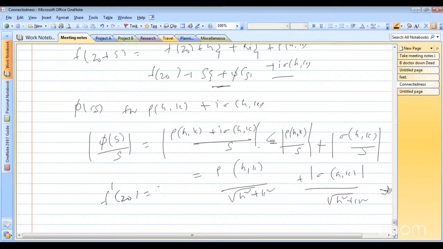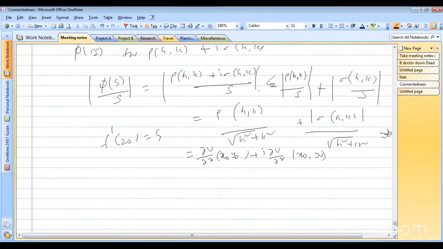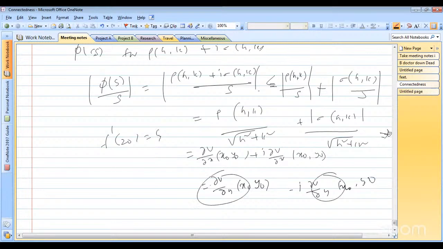We know that ∂u/∂x at (x0, y0) equals ∂v/∂y, and ∂u/∂y at (x0, y0) equals minus ∂v/∂x. So the condition is satisfied here, and it is a property of the function that f is differentiable at z0 equal to x0 plus i y0. It is differentiable.